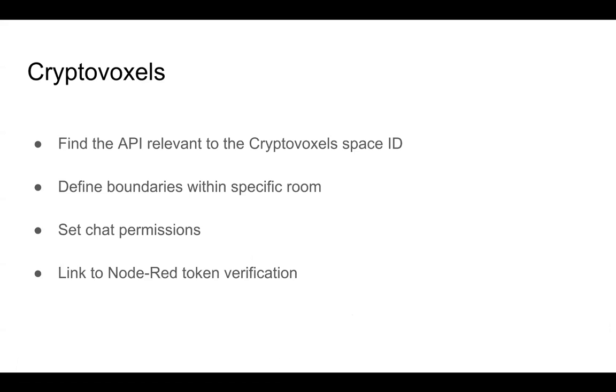The way I was thinking about doing this was to understand how the Cryptovoxels API works to define a specific space and boundary, and then chat permissions within that space. Then we can hook that webhook into Node-RED with our token verification system.